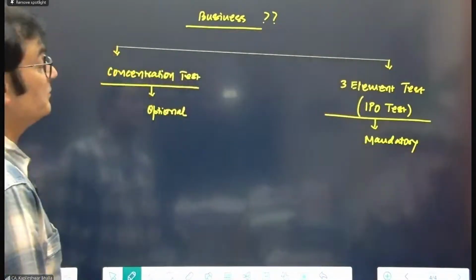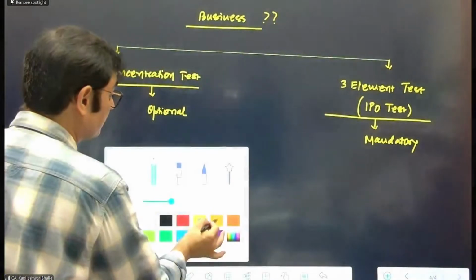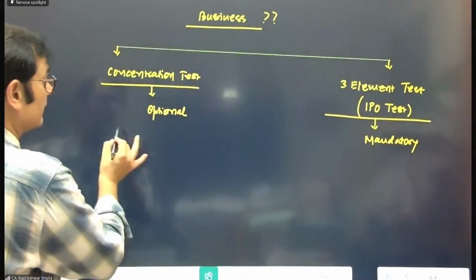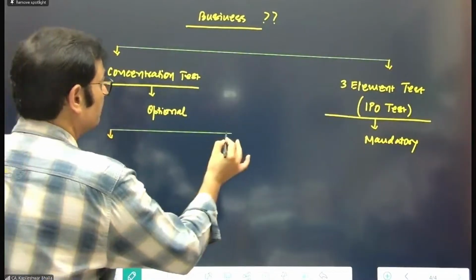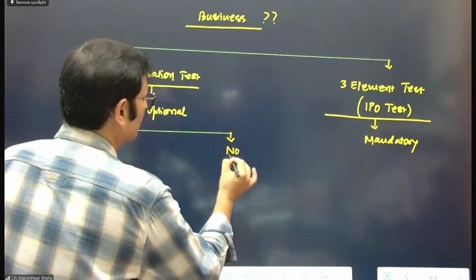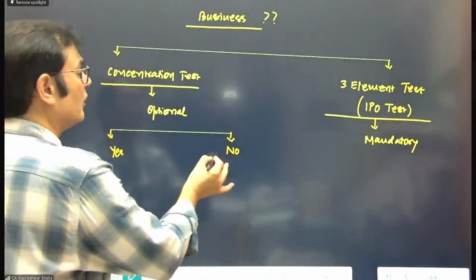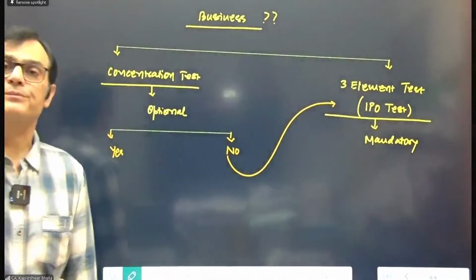But let's first look at the permutations and combinations which would trigger in this particular case. Now, since the concentration test is optional, the company says, yes, I am applying. Or the company says, no, I am not applying. If the company says, no, I am not applying, then you need to definitely apply the three-element test.